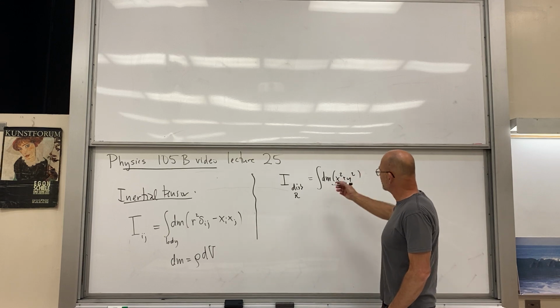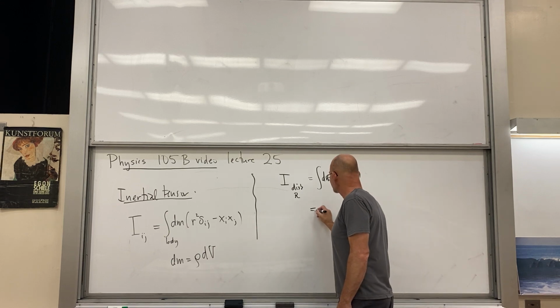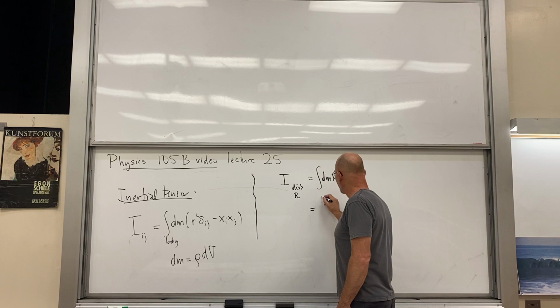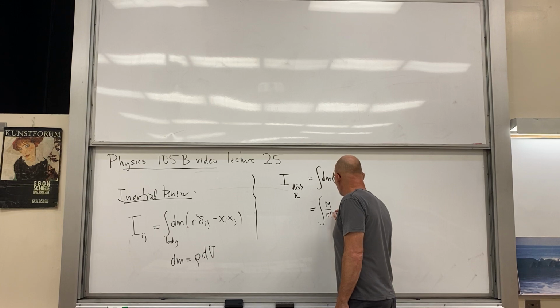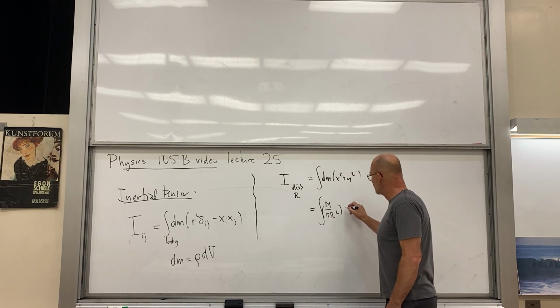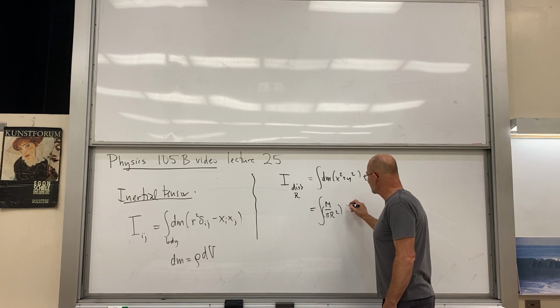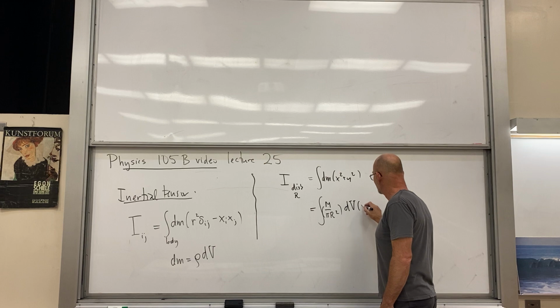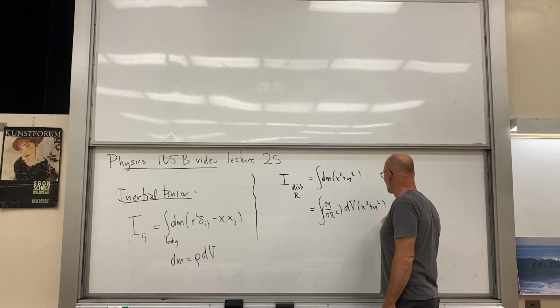Okay, so getting started with the plane polar coordinates, we have for our dm, mass over pi radius squared, and then, since we're using plane polar coordinates, well, let's go ahead and do it in an extra step. dv x squared plus y squared.